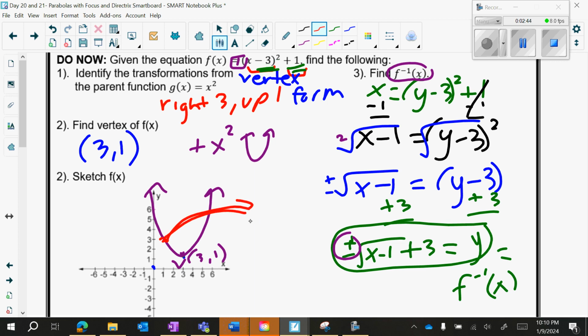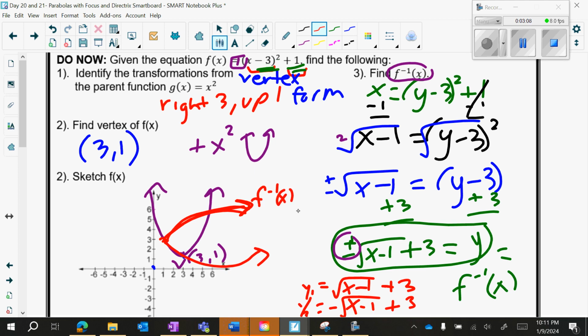And if you only do this positive part, like square root of x minus 1 plus 3, if you were to just graph that in y equals, you're only going to get this positive piece right here. So if you put the negative in y2, negative radical x minus 1, then you're going to get this bottom piece here. And that's going to be the full inverse, f negative 1.